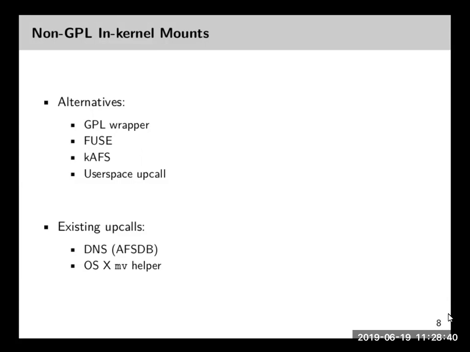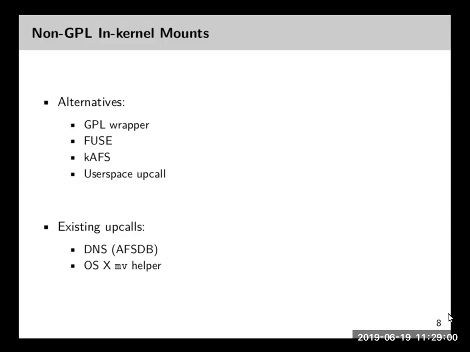And the last thing there is we can issue the mount syscall from user space by going through a user space upcall. So the kernel causes one of our background daemons, it sends a request to a daemon that's running, and that daemon runs whatever user space code that we want to run. So that already exists.